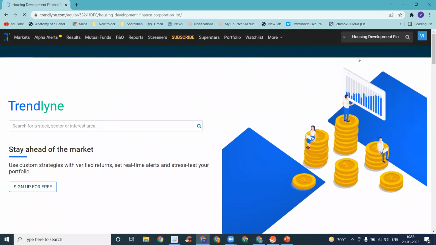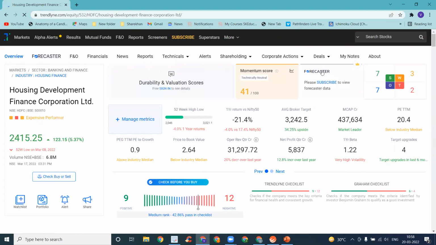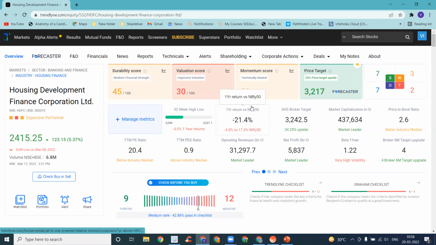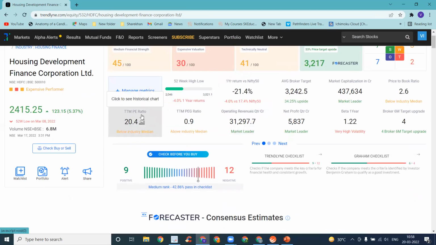Believe me, I am holding this stock and I'm hoping that it reverses back. See the 1 year return, negative 21%. PE is relatively stable. PEG is okay.